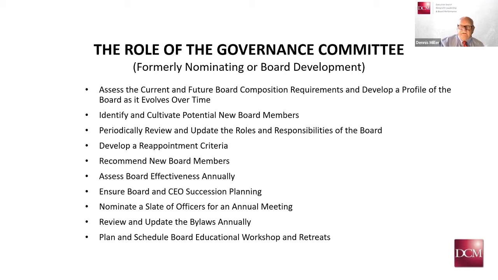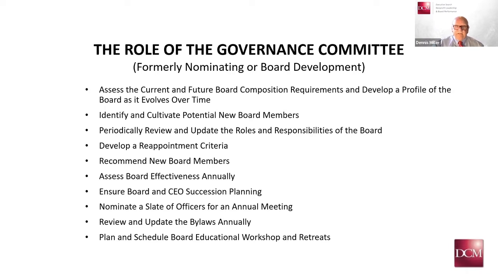Clearly, the governance committee should be identifying and cultivating potential new board members. Periodically, you want to review and update the roles and responsibilities of the board to see: are you just a fiduciary board? Are you a strategic advisory board? Or are you a board functioning as leadership? And how do you bring governance education, governance information to the board? Have you developed reappointment criteria for board members?